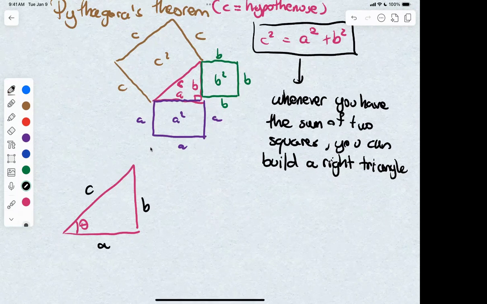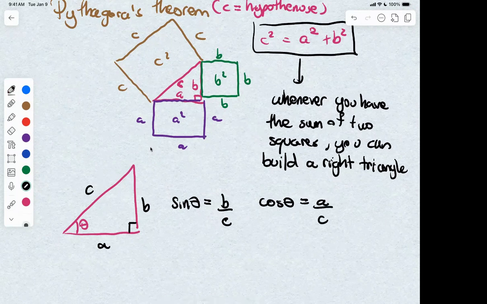If you have a right triangle, then the sine of theta is b over c. The cosine of theta is a divided by c. And the tangent, which is also useful for these problems, will be b divided by a, right?